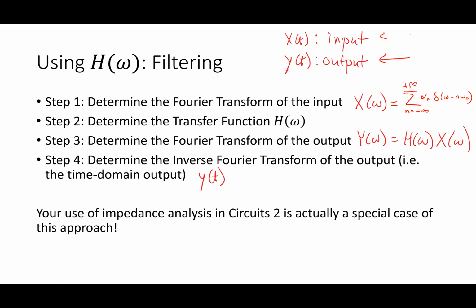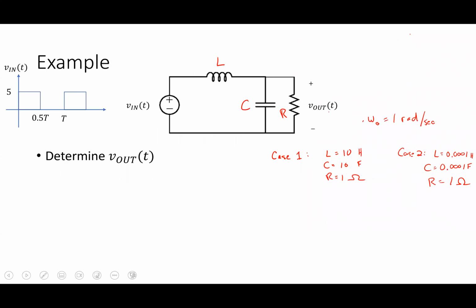In this circuit, my input is a voltage, so x(t) is V_in(t), and y(t) is V_out(t). Those are my input and output as I define them in this example.